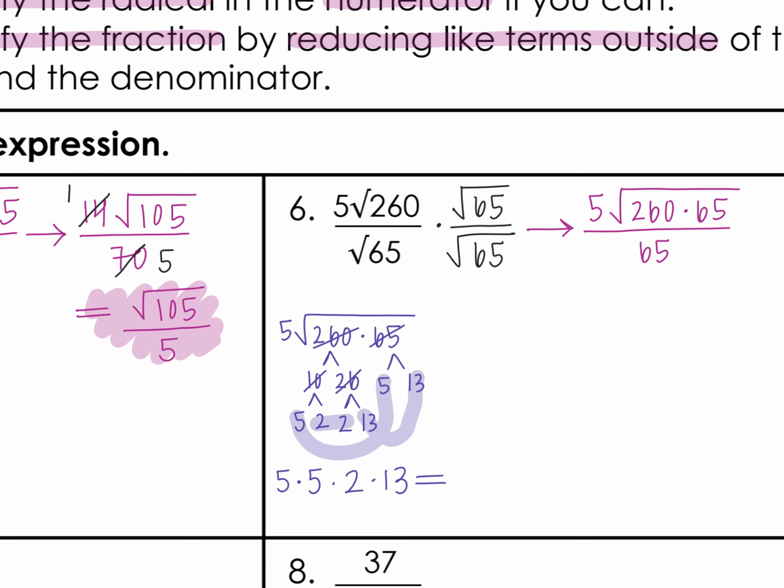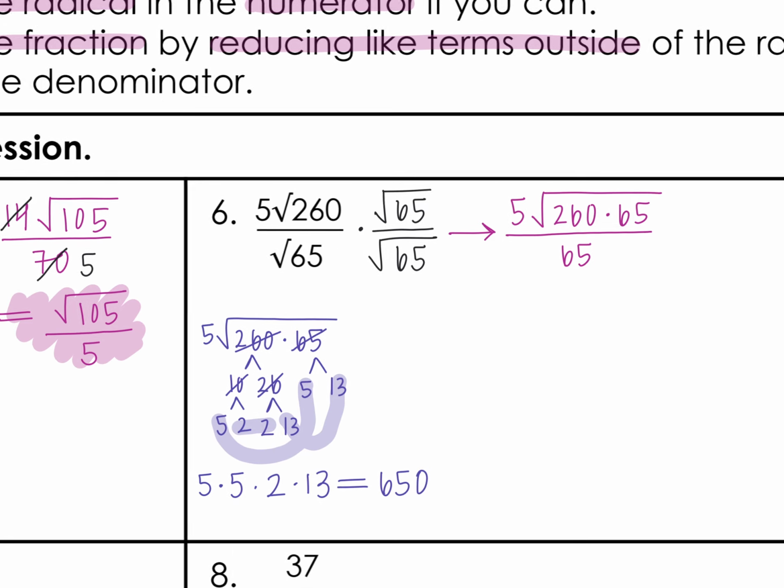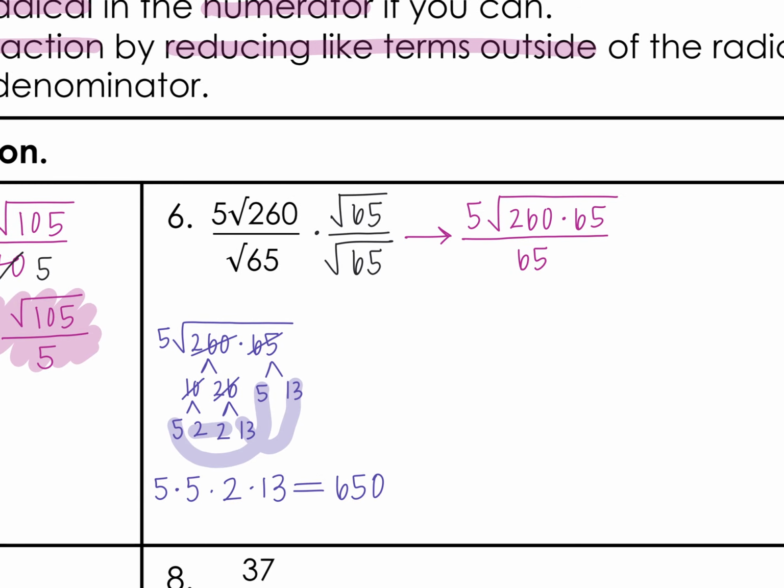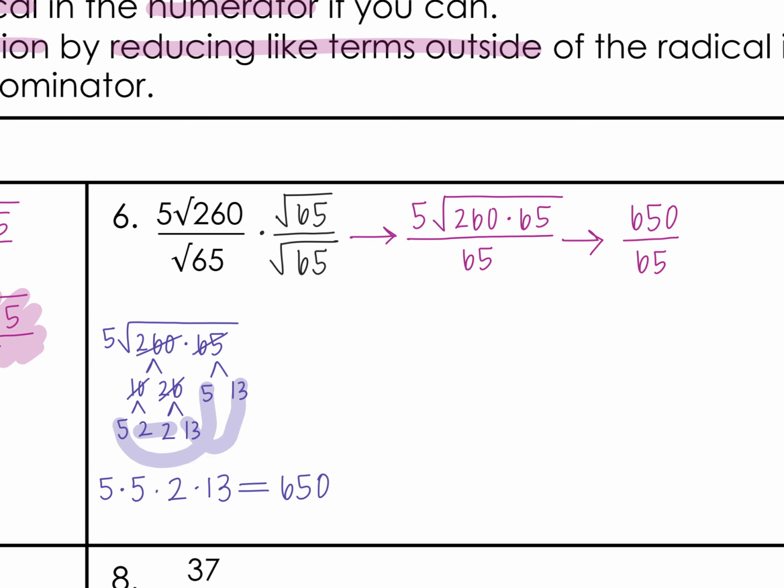Times 2 will give me 50. And then when I multiply that by the 13, I'm going to be left with 650. All right, so I'm going to come back over here and rewrite this as that 650 over 65, which 650 divided by 65 is just going to give me 10.